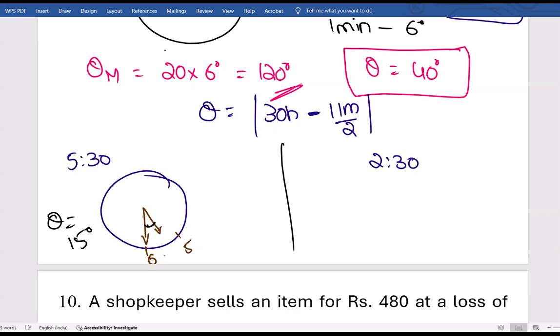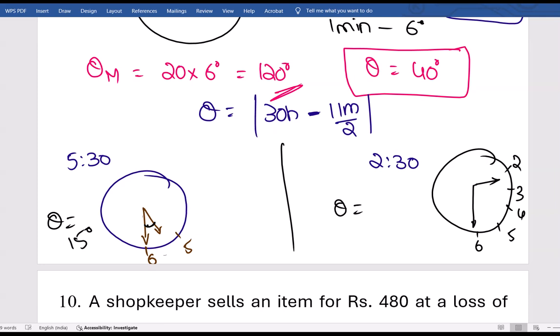If it is 2:30, how to do, sir? If it is 2:30, the minute hand is exactly here and the hour hand is between 2 and 3. Now, 3 to 4 is 30 degrees, 4 to 5 is 30 degrees, 5 to 6 is 30, that makes 90. Here 15, so 105. Directly you can write for a few timings.